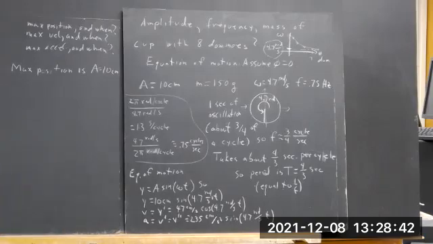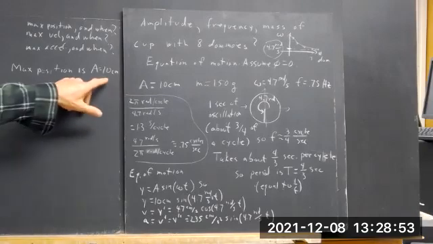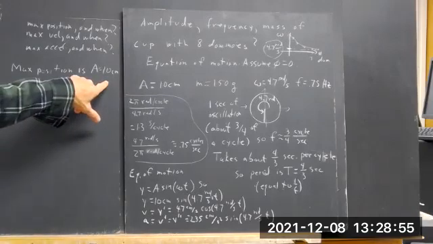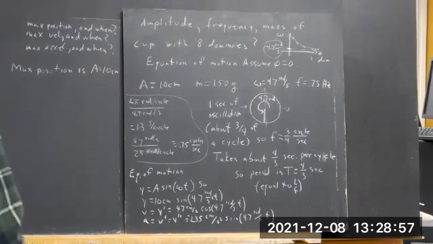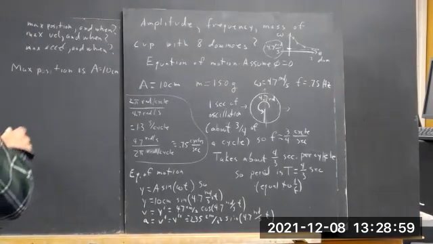And because they should be negative 10 centimeters. Well, that's exactly the meaning of amplitude. Now, the other questions are a little harder to answer, but you could get the maximum amplitude from the function.